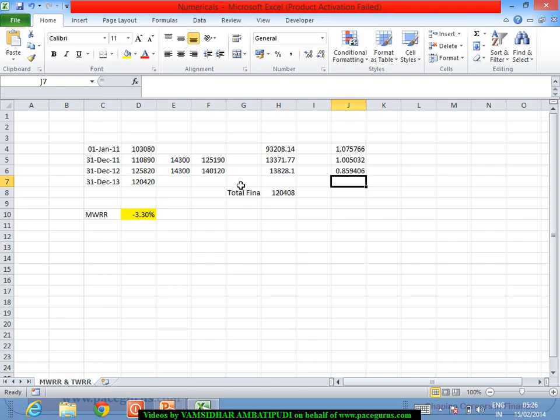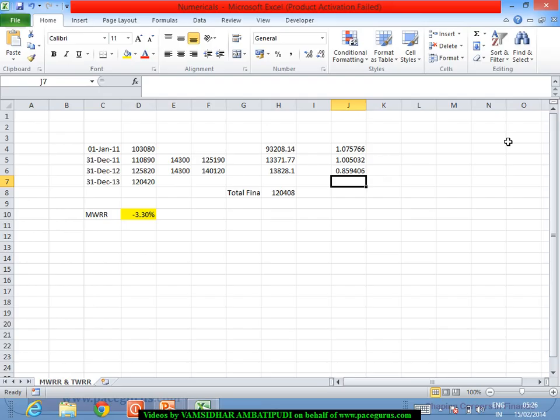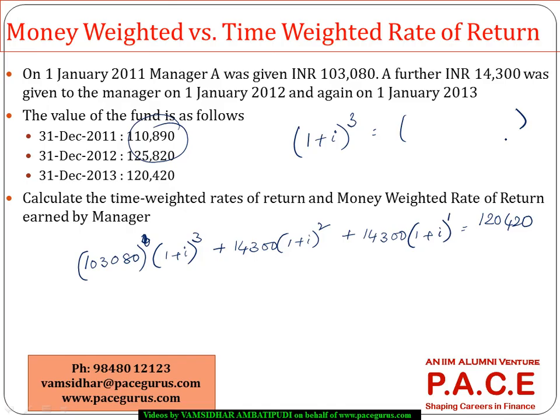So then I will multiply all these returns. Because this is for a 3-year period, I'll say 1 plus I cube is equal to the multiplication of these returns, this multiplied by this multiplied by this. So 0.1293 and that is 1 plus I cube.